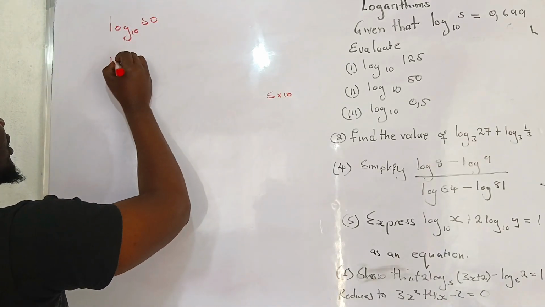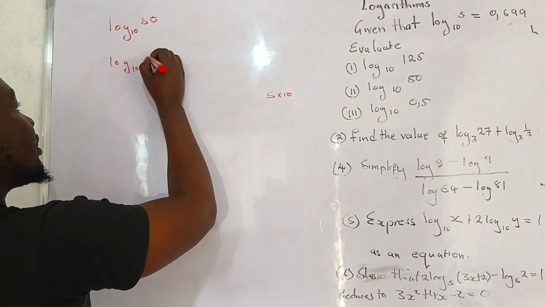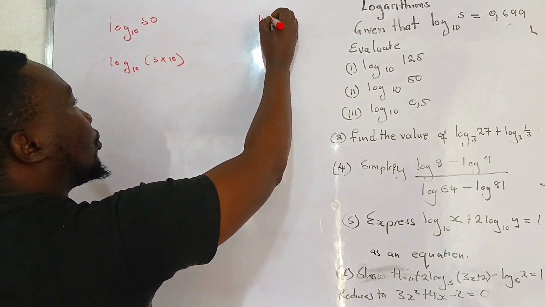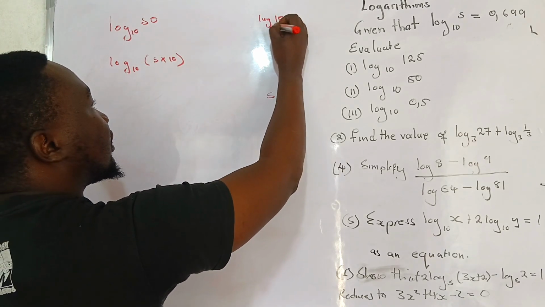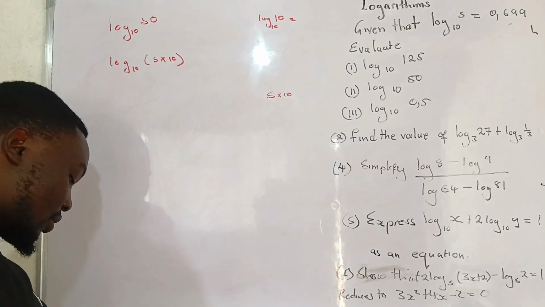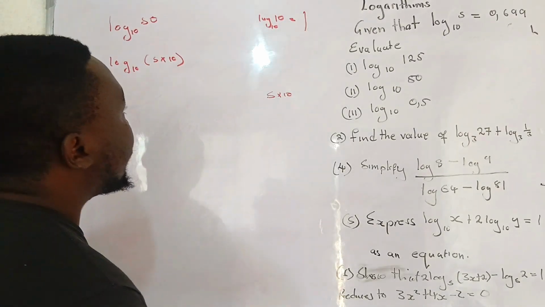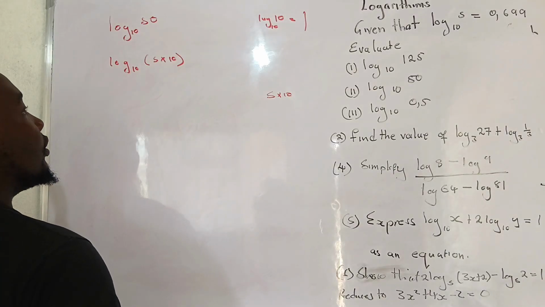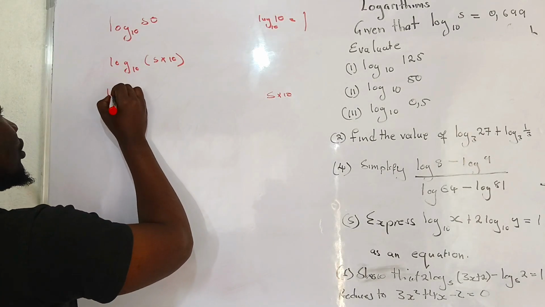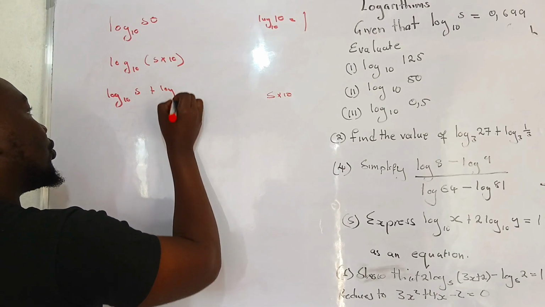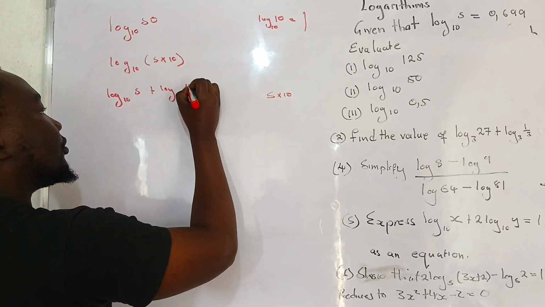So let's express log base 10 of 5 times 10. We already know the log of 10 base 10. What is the log of 10 base 10? That's 1. So we're going to say log 5 plus log base 10 of 10.